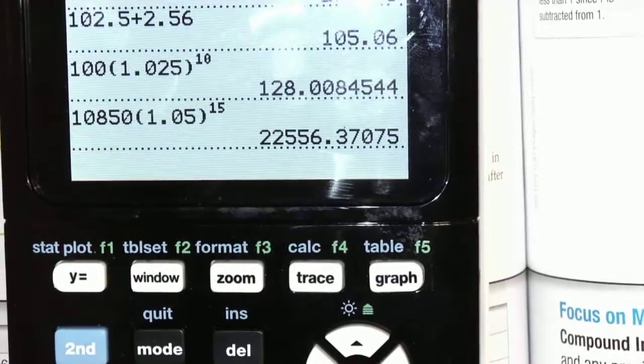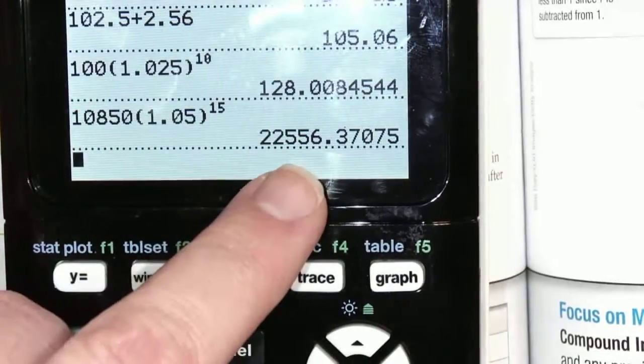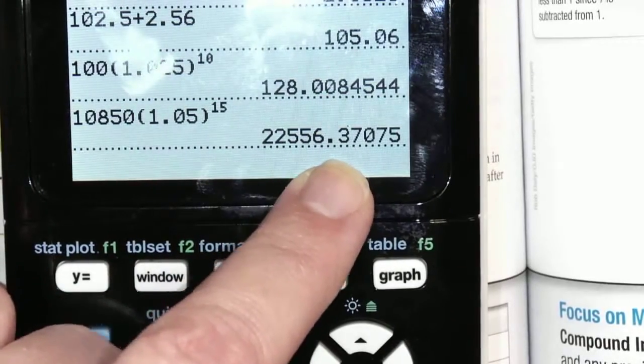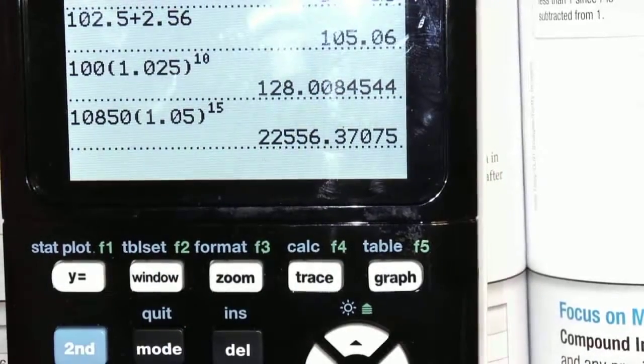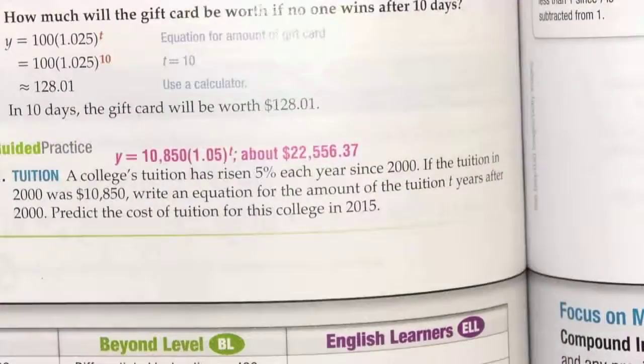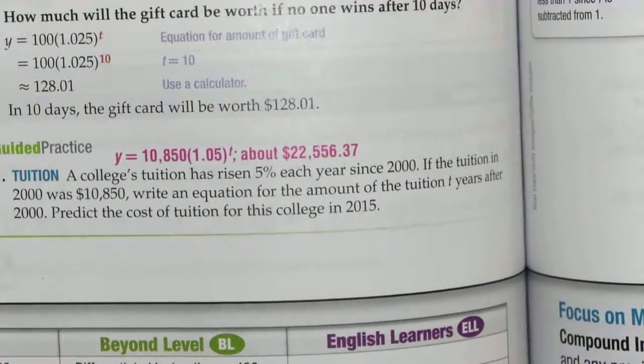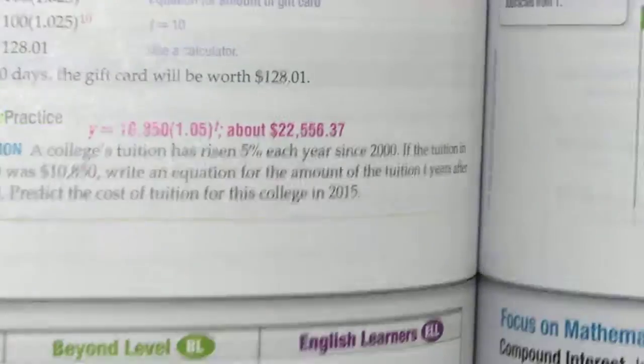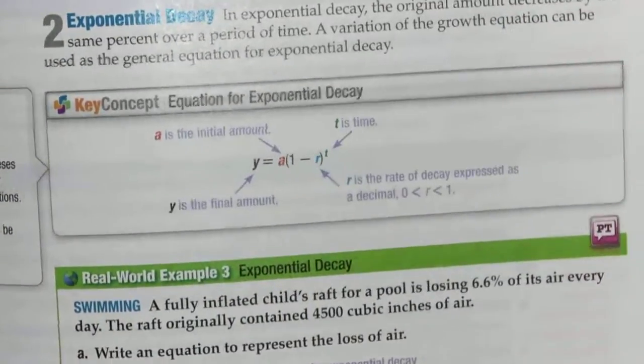And then enter. So $22,556.37. That's a lot. Let's do a good job and get really high scores on the SAT so you can get some scholarships going on, right? Okay, good. And they wrote about because we had to round it. Anytime you round, you have to write about.